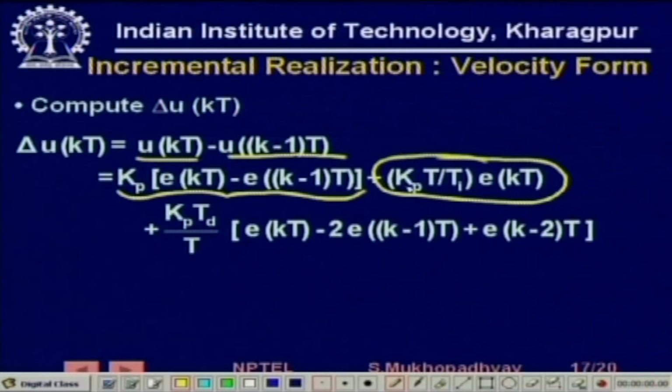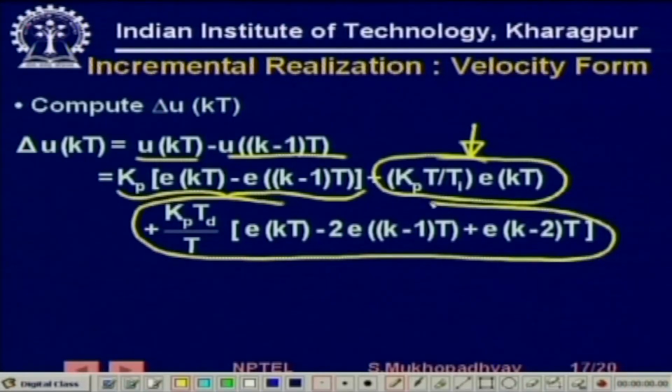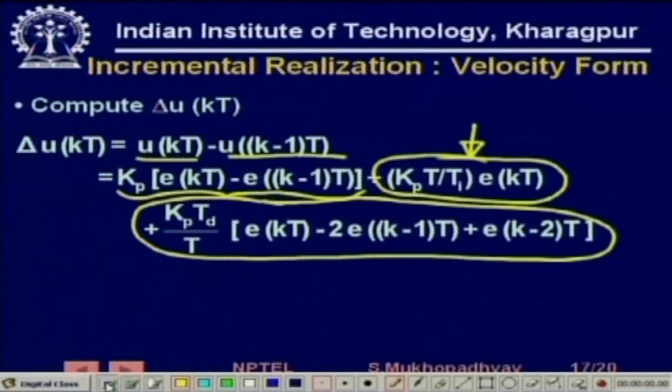This is the integral part of delta u, and the derivative part of delta u is the difference between this and the same thing at k minus 1. So, by taking a difference of these terms, you can generate delta u very simply. It is not a difficult problem.